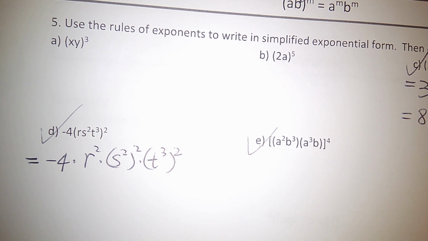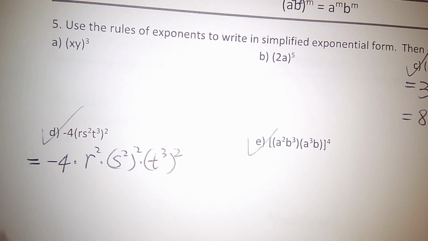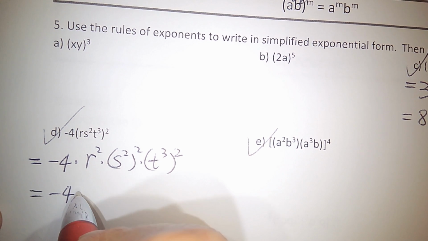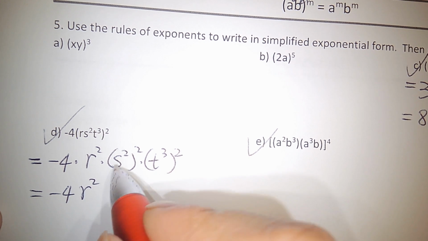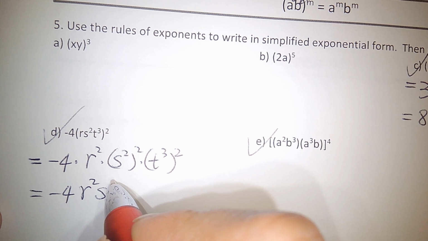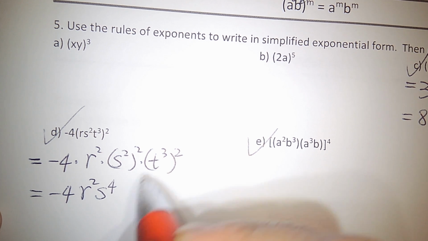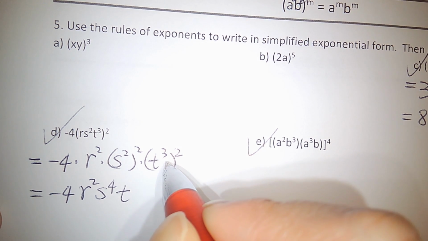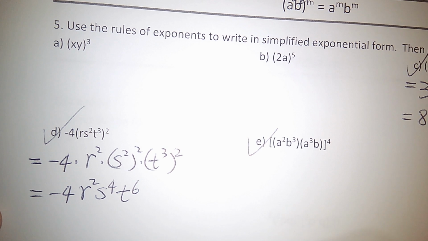Right? So how can we keep on simplifying it? Negative 4 times r squared. What is s squared, squared? s to the what? 4, right? And then t to the what? 6. You're right. Good.